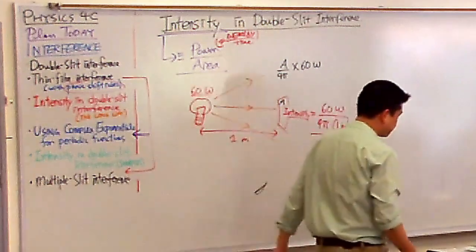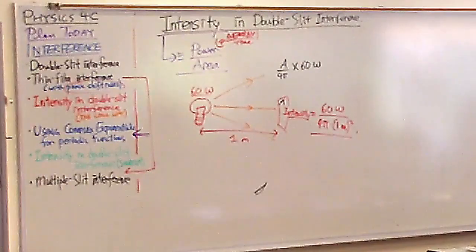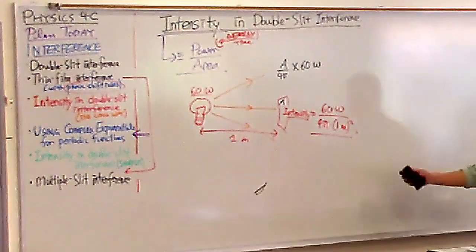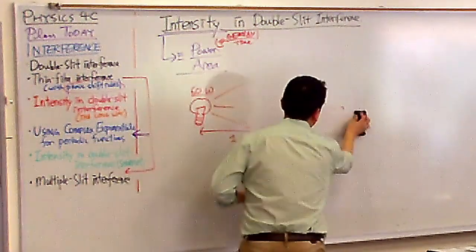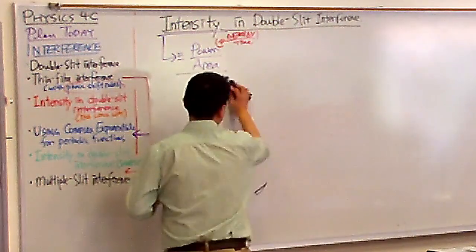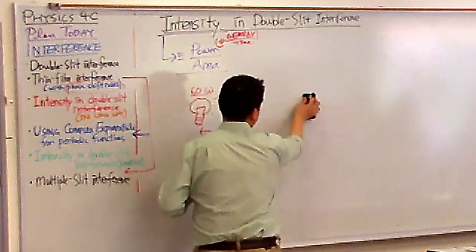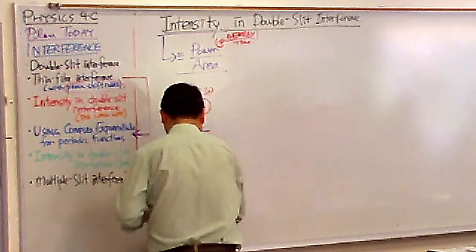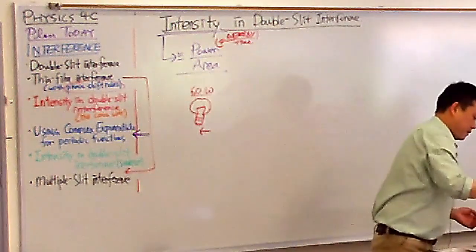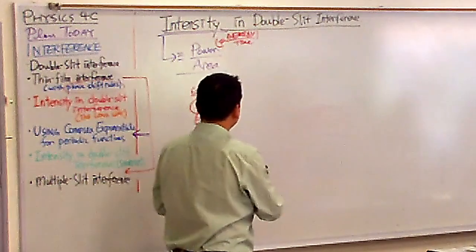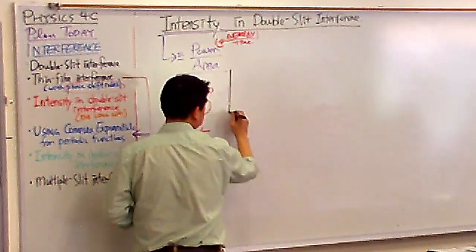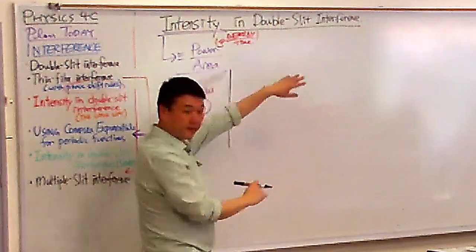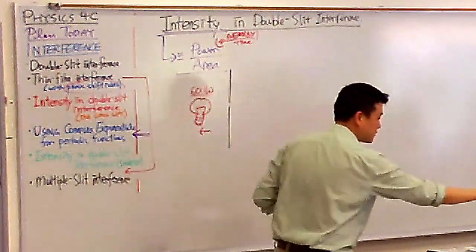Now, let me tell you what an experimental setup for double-slit interference might be like. You could have a single slit. This is the picture you saw over there, which lets in some light.